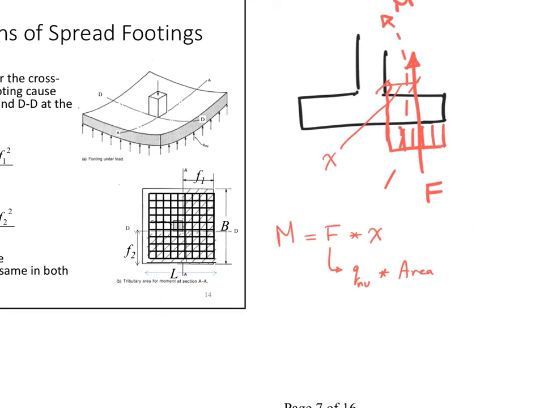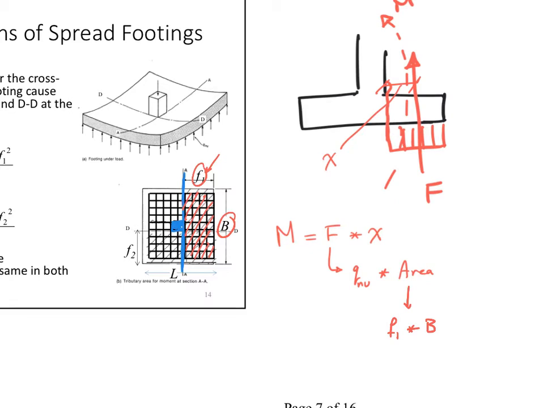To know the area, I have to look in the plan view. Here's the area. Here's my critical section. I draw the critical section in blue, right next to the column, right? And the area where it is trying to flip it up is this area. So if I take the distance from the critical section all the way to the end of the footing, and I name it F1, here's F1, that area will be equal to F1 times the footing dimension.